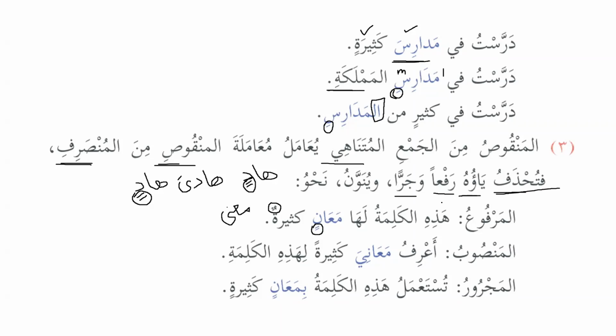So even if a noun is manqus, but it is on the pattern of mafa'ilu, the same thing is applicable. The ya gets dropped when it is marfu and when it is majroor, and the ya is replaced with kasratan, as we can see over here, ma'anin kathiratun.